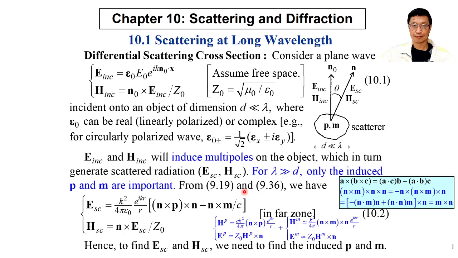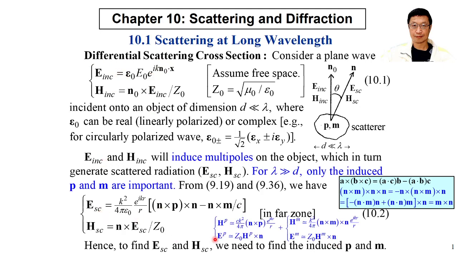Remember in chapter 9, equation 9.36, we have these relations. We have H due to P, H due to M, and they have a simple relation: Z0 H_P cross N, Z0 H_M cross N. Now we will write it into this form.